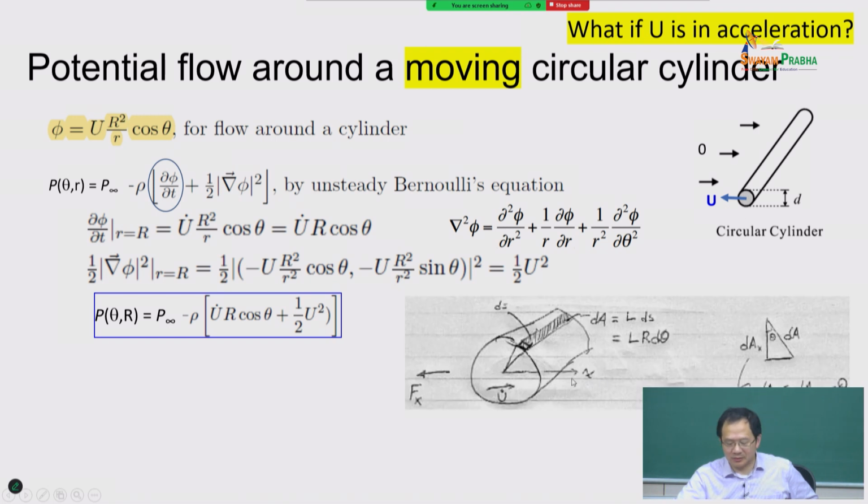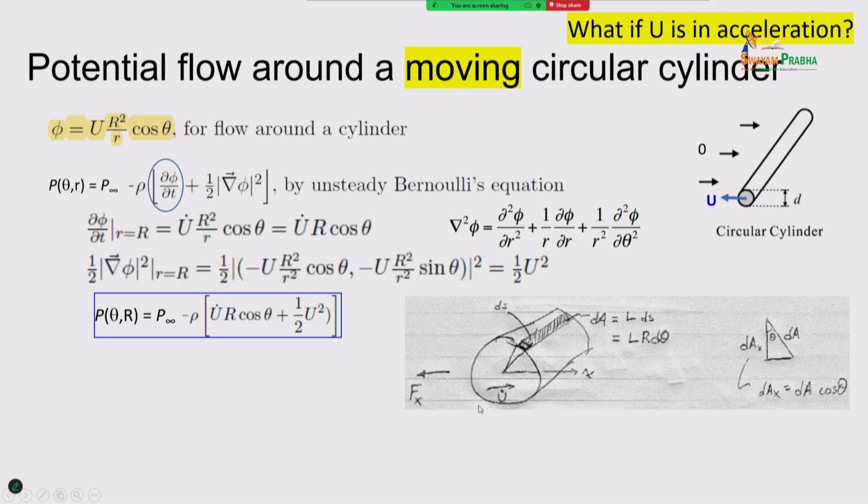Now if we need to calculate the lift and drag force, here it shows a small segment with surface area dA, and ds is a small length that will be r times r d theta.